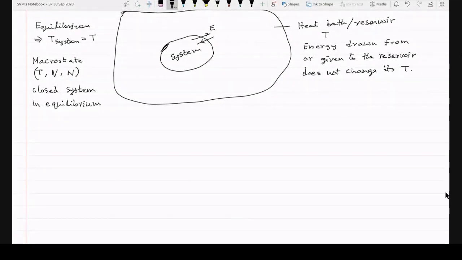So the aim here is to find the probability of a microstate of the system.